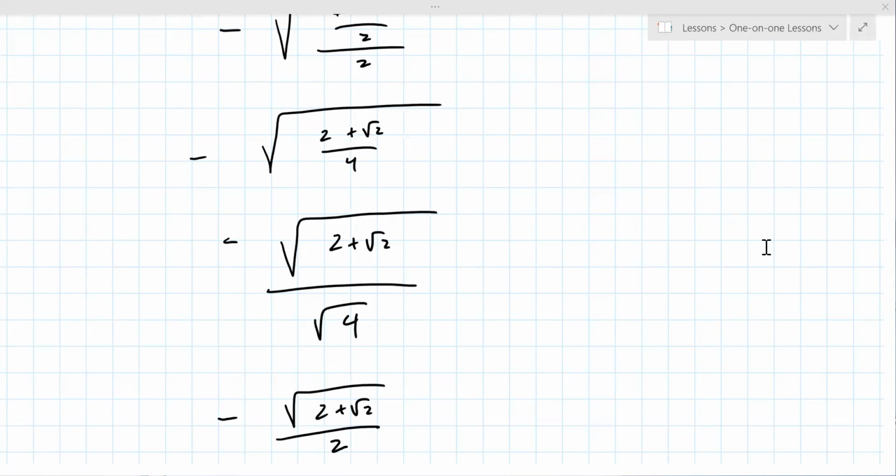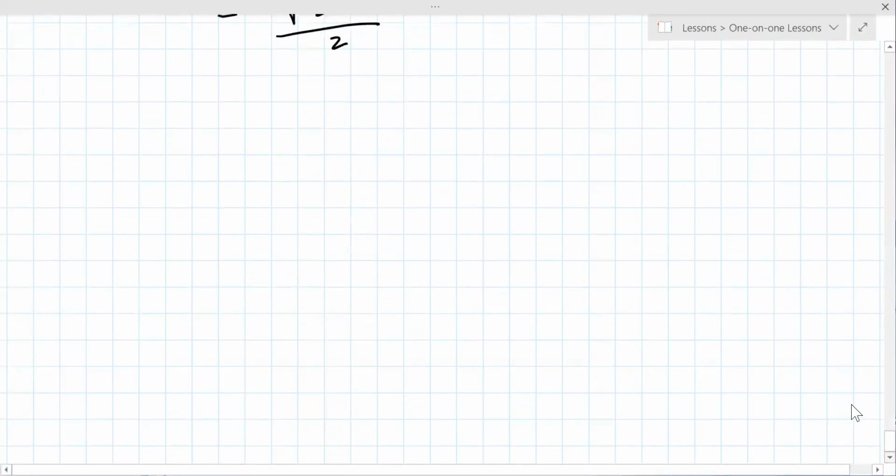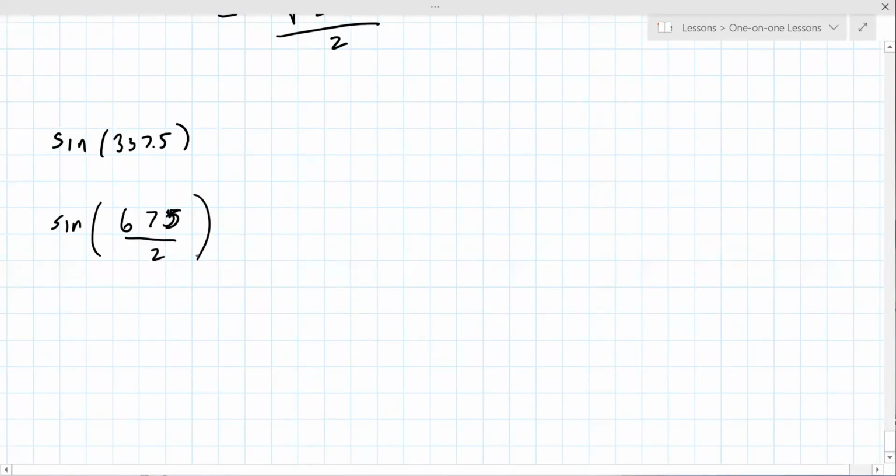All right, so next one is sine of 337.5. Okay, so we got to double that. That's the sine of 675 over 2.